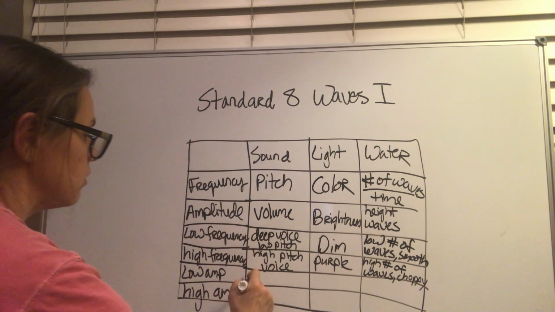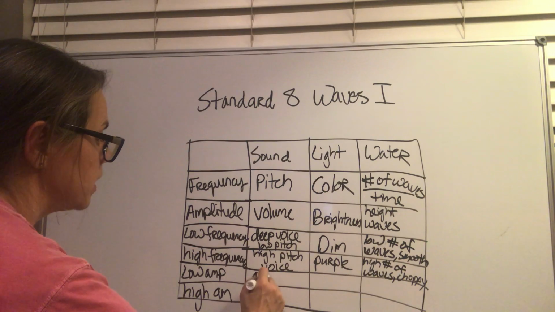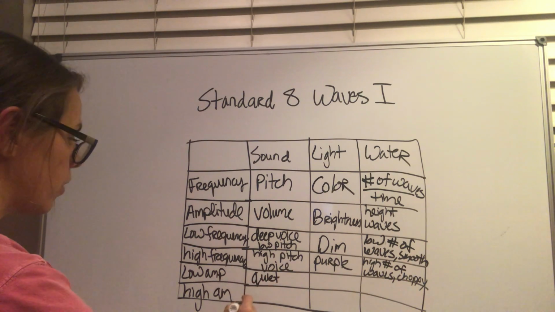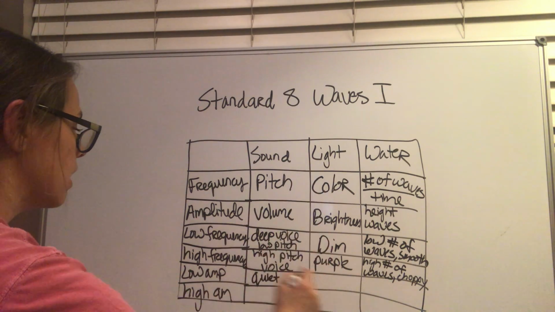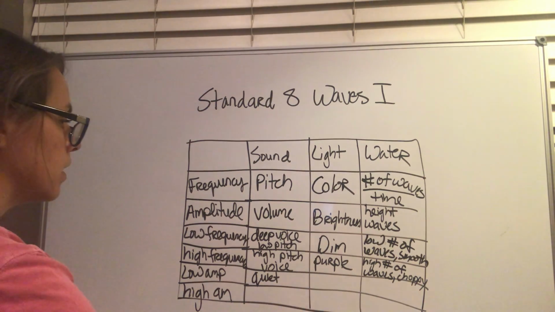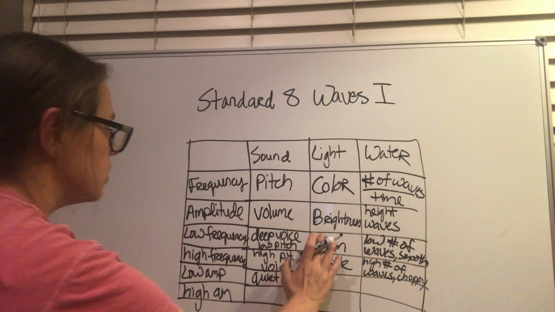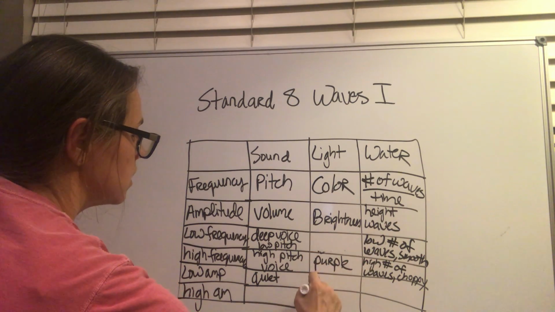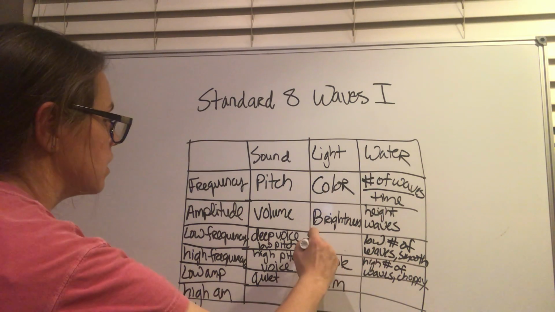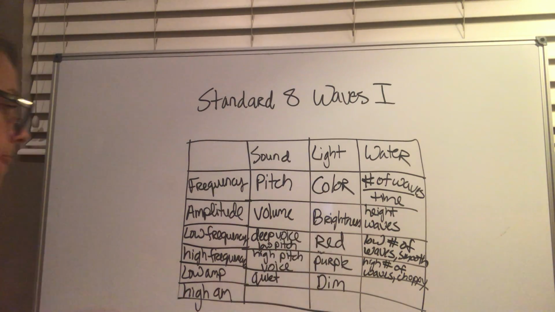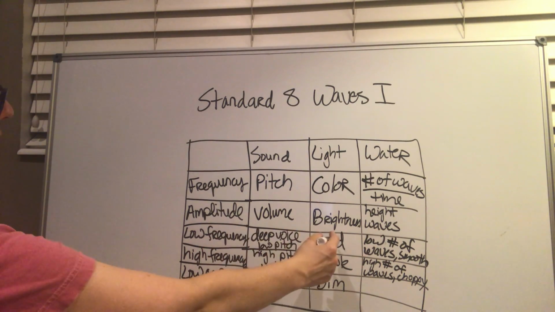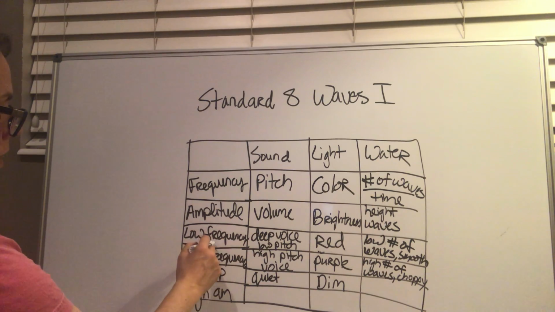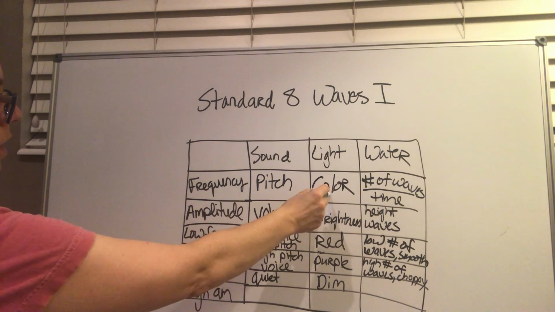If we're looking at sound, it's going to be a quiet voice, somebody who's whispering. That's quiet. And then a low amp light. Sorry, I did this wrong. A low amp light is dim. This is red. That's the low frequency light. When we're talking about frequency, let's remember it's color.